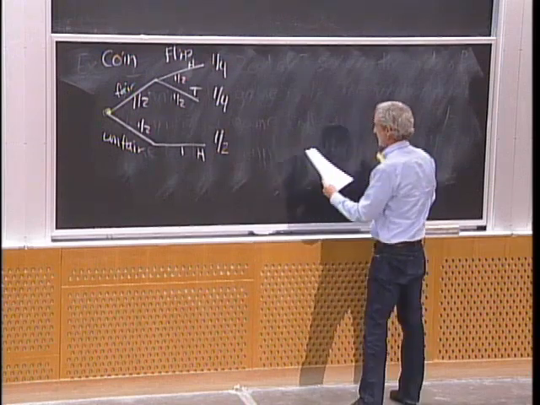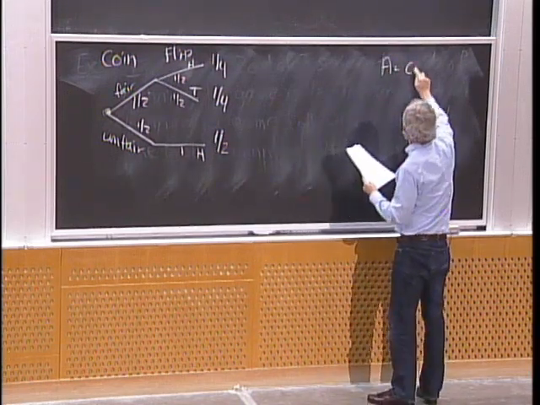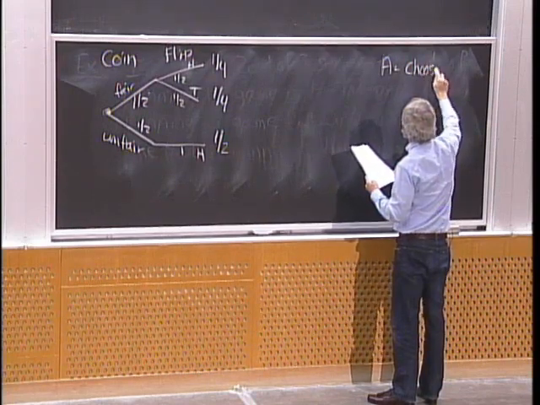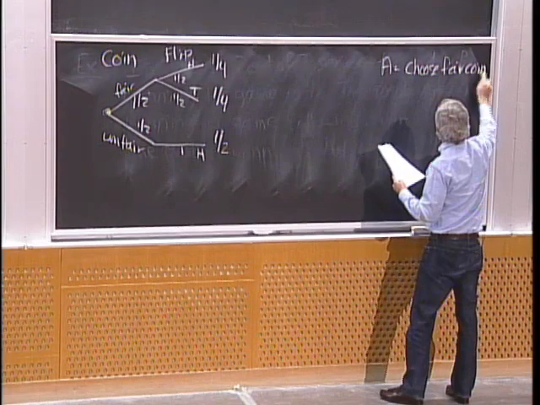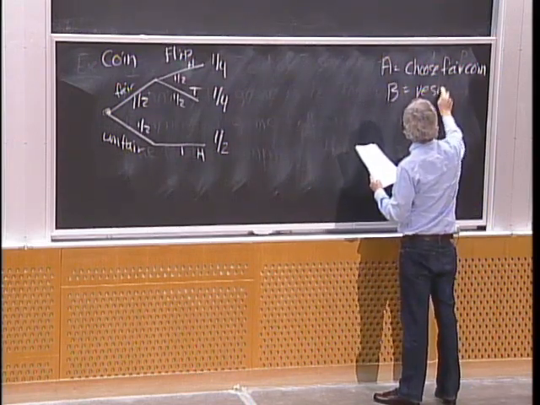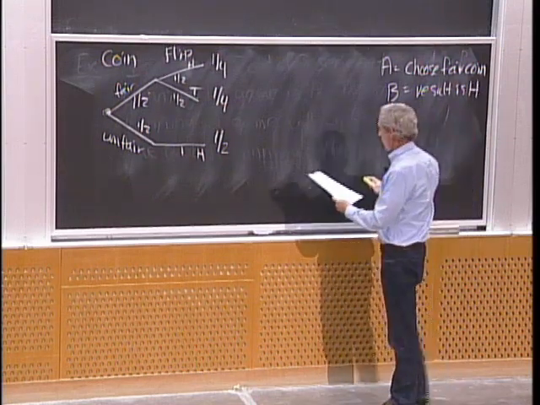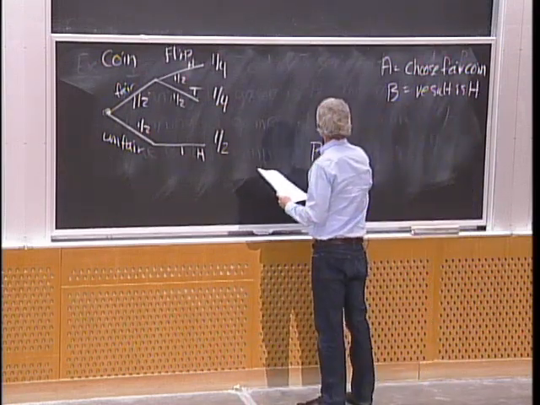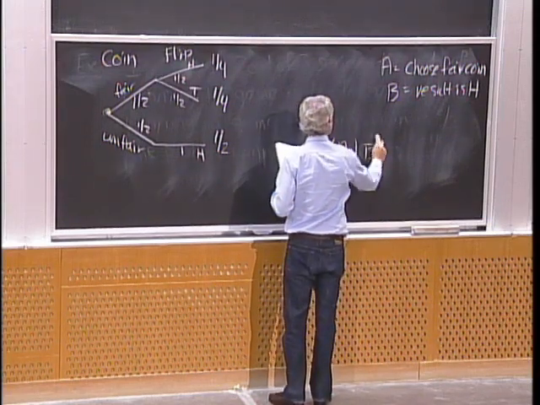Now we define the events of interest. A is going to be that we chose the fair coin. And B is that the result is heads. And of course, what I want to know is the probability that I chose the fair coin given that I saw heads.